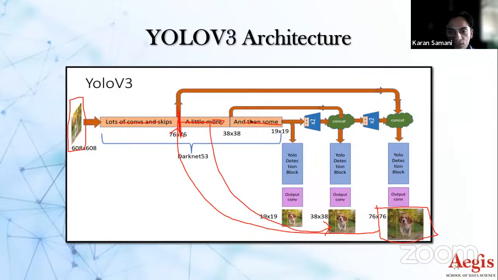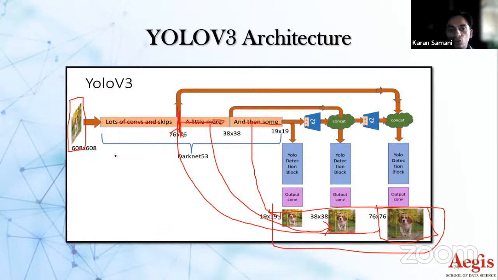Next it convolves more and more, and now we have a 19 by 19 pixel image after convolving, and it takes a prediction out of this image as well. Now all these predictions are concatenated, or you can say summed up, and the actual prediction happens.